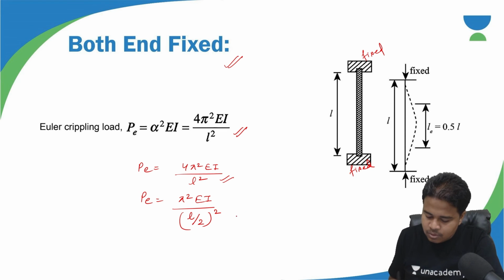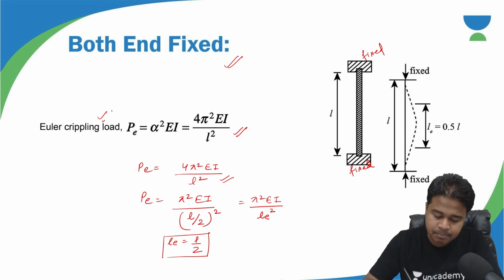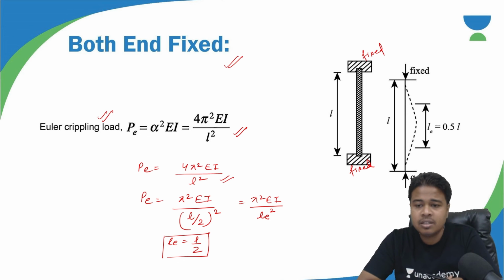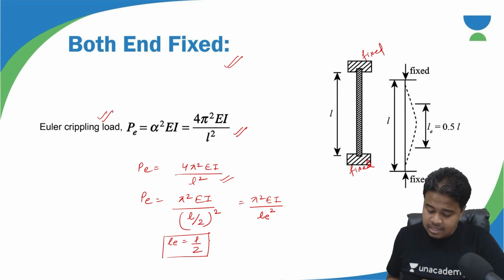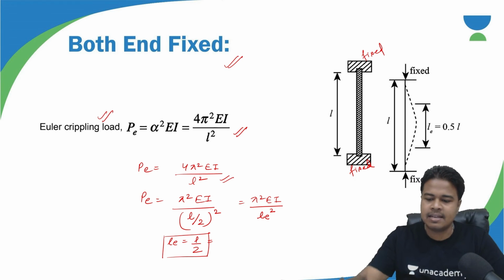So what is the value of P Euler? Pi square EI divided by L effective square. So L effective is L by 2, which is nothing but the crippling load or P Euler load. So this is the effective length. Okay, L effective, that is L by 2.